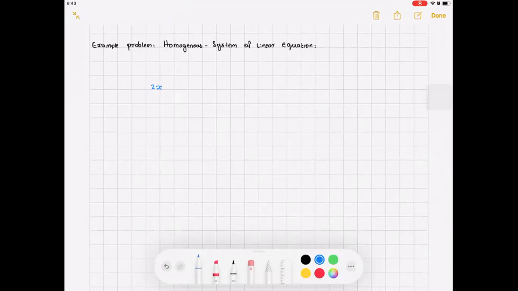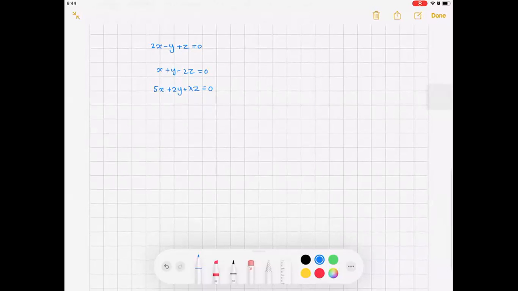So 2x minus y plus z is equal to 0. x plus y minus 2z is equal to 0. 5x plus 2y plus lambda z is equal to 0. So இதுதான் given system of homogeneous linear equations. So இதுல வந்து what is the value of lambda for which the following system to have non-trivial solution? That is a question.